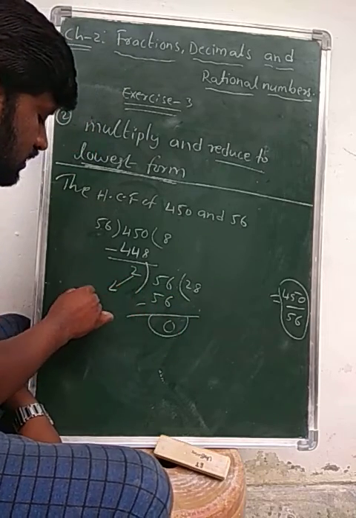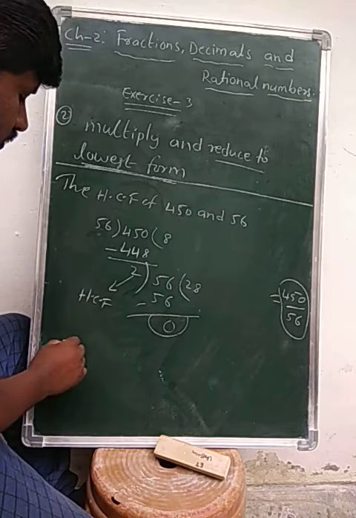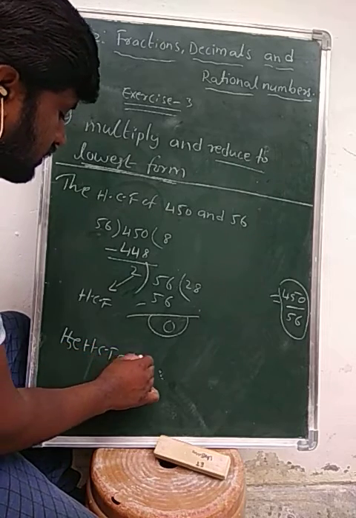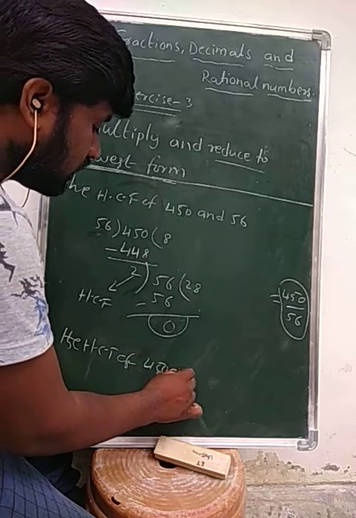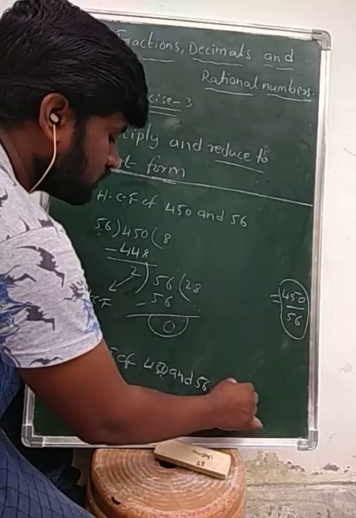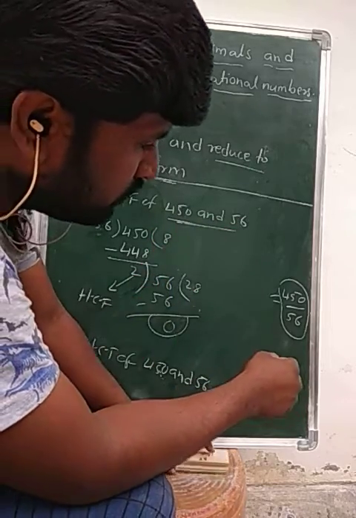The last divisor is what, Nana? That is the HCF. So the HCF, the highest common factor of 450 and 56 is 2. The HCF of these two numbers is what, Nana? 2. Now we should divide.